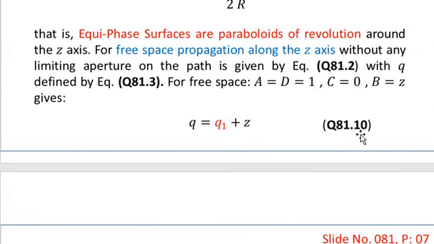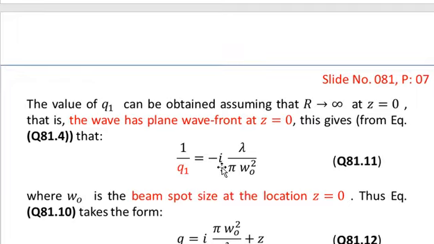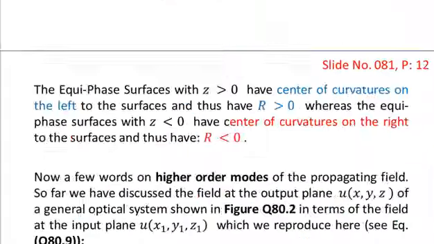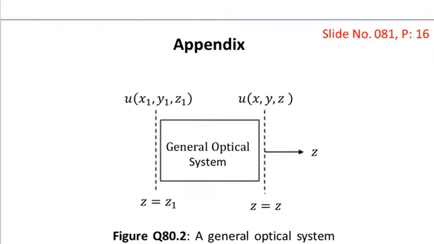So setting R goes to infinity and z = 0 with the help of equation 10, from equation 4 you will obtain 1/q1 = -i λ/(π w0²), where w0, now here we are going to define w0 for the first time, is the beam spot size at the location z = 0.